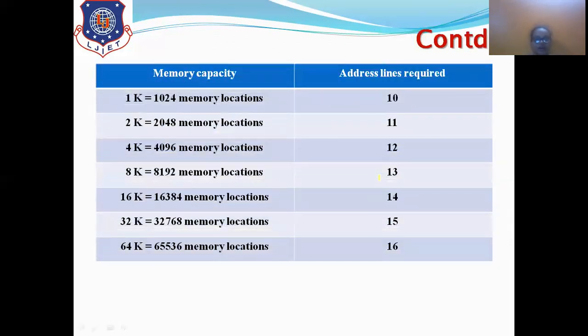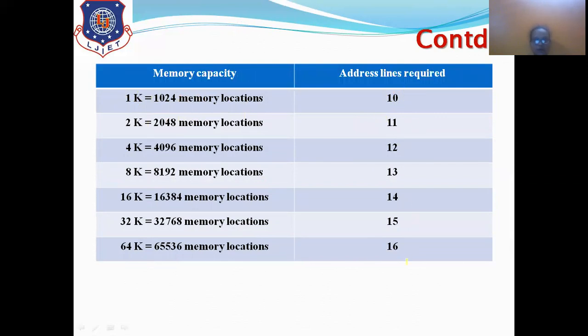Now, here it has been given for 8085 the memory capacity and address lines required. If it is 1 KB memory, then 1024 locations. How does the 1024 form? 2 raised to 10. So 10 address lines will be required. For 2K, it will require 11 address lines, right?